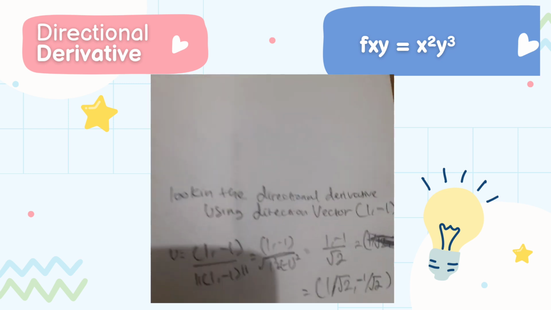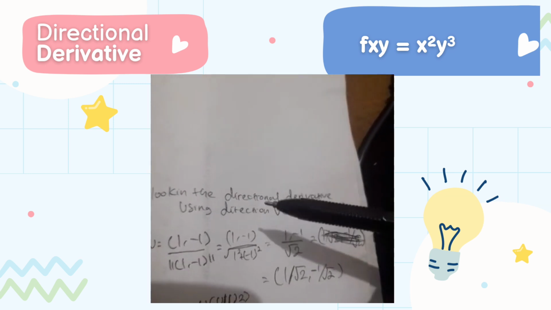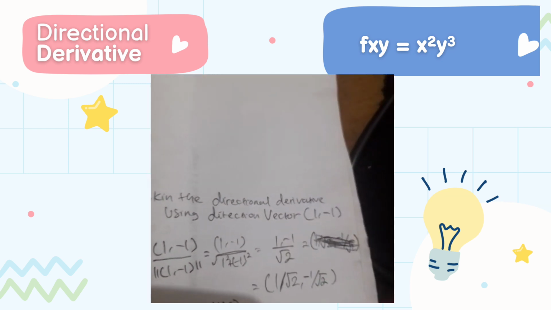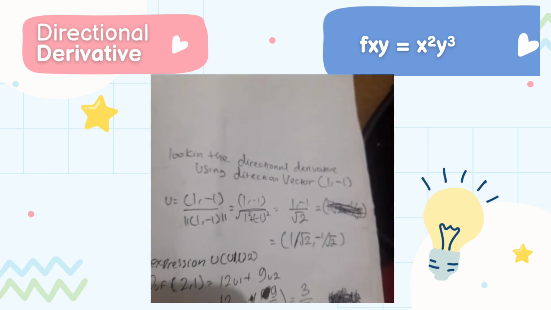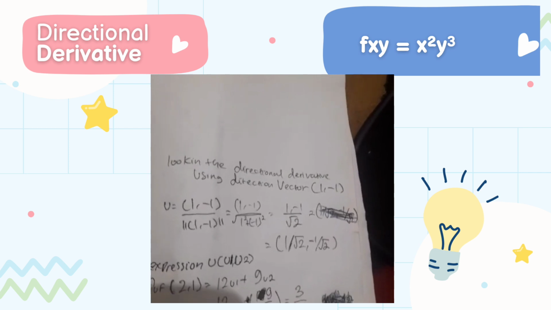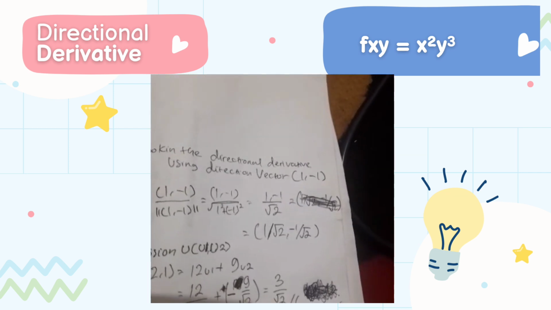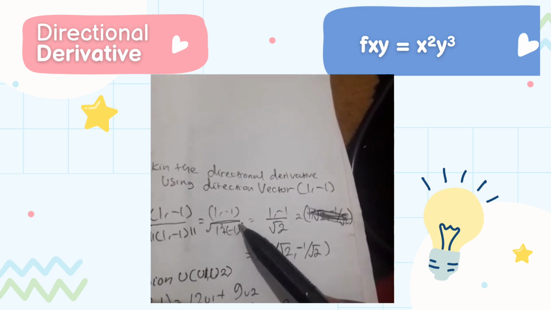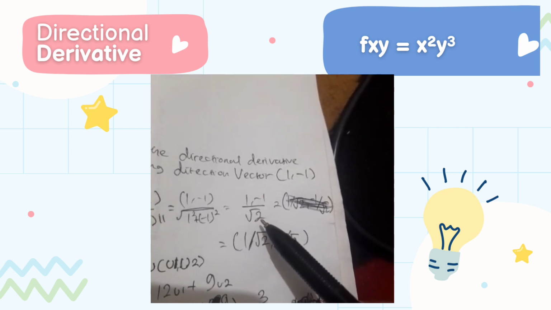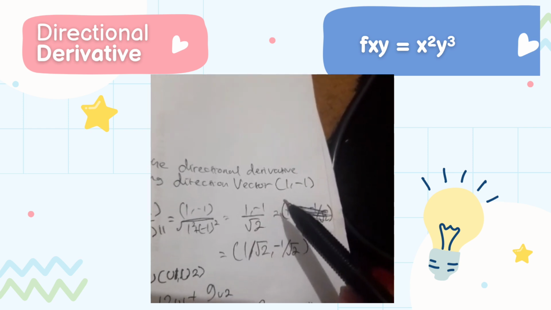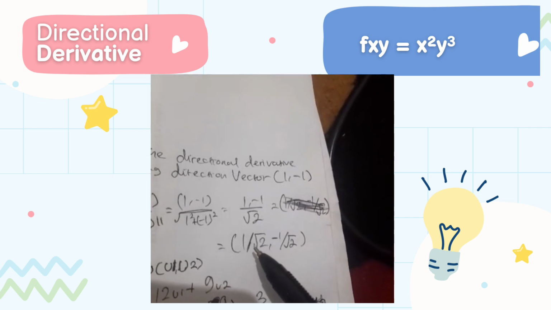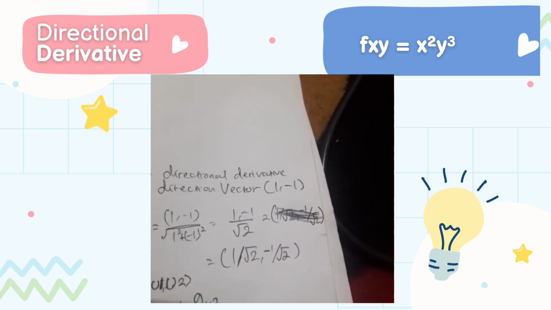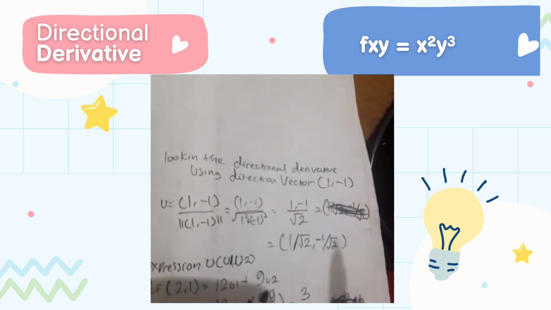So the next step is finding the directional derivative using the direction vector (1, -1). The formula is (1, -1) divided by the magnitude of (1, -1), and after we calculate we get root 2, so (1, -1) divided by root 2, and we separate it into two fractions: 1 divided by root 2 and minus 1 divided by root 2.